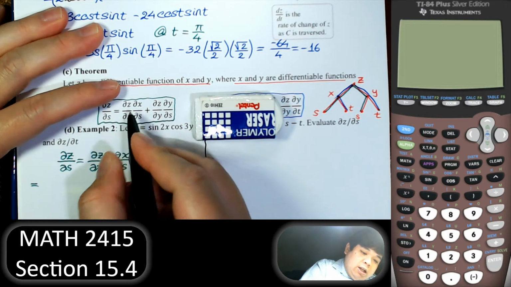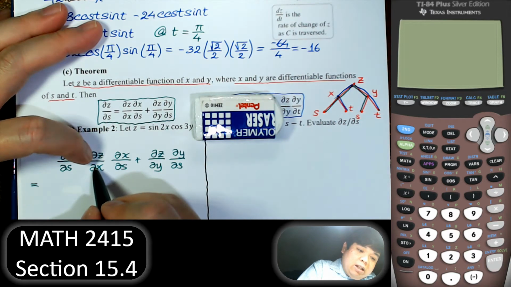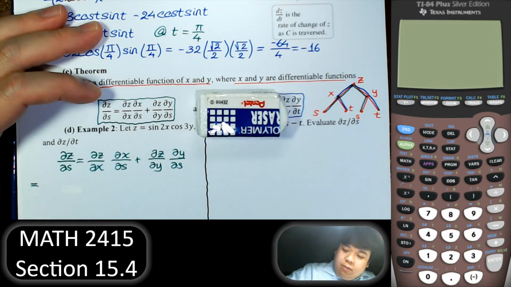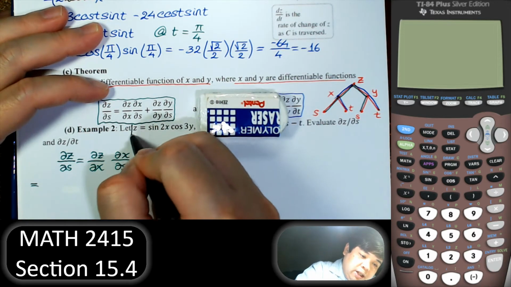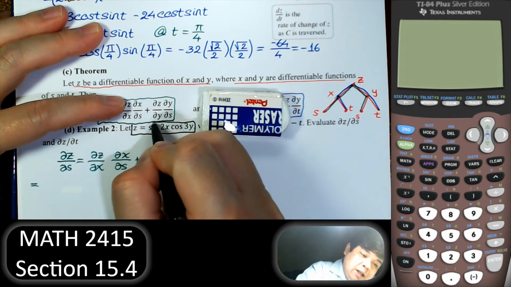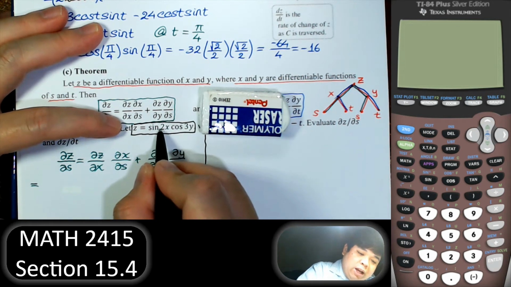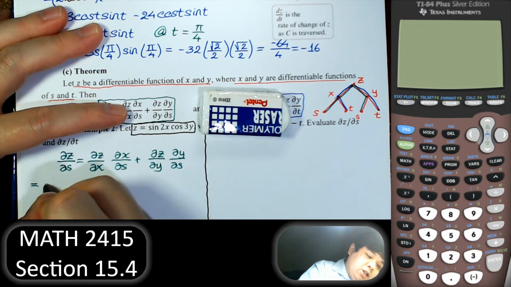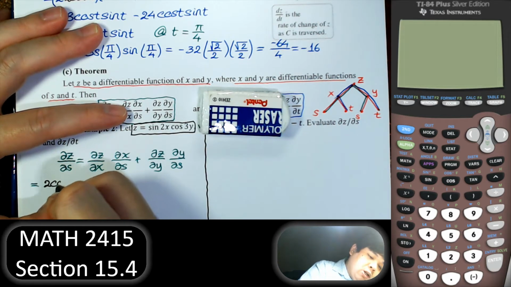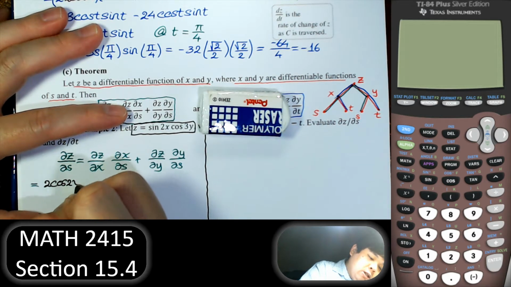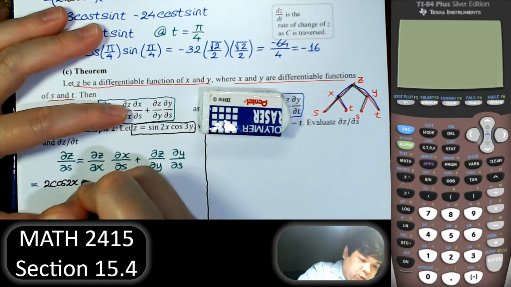So first, derivative of z with respect to x. Again, let's just color code here. The derivative of z with respect to x, derivative of sine 2x is 2 cosine 2x. And then cosine of 3y is a constant, so it will stay there.